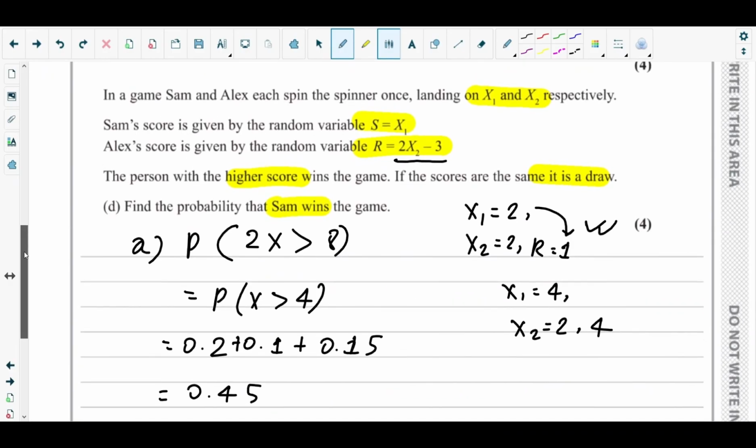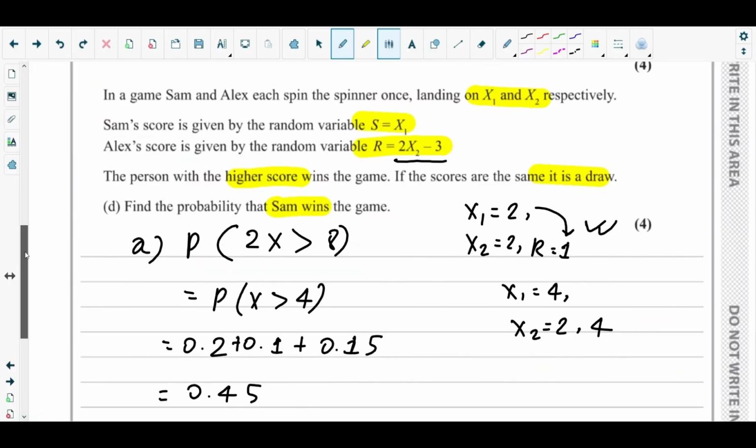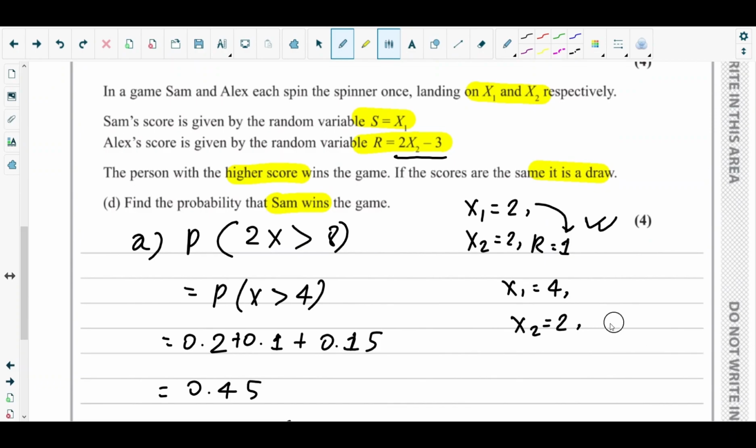Alex is still getting greater. So 4 is not acceptable. So we got 2 combinations so far: x1 should be 2, x2 should be 2. Second case, x1 should be 4, x2 should be 2.